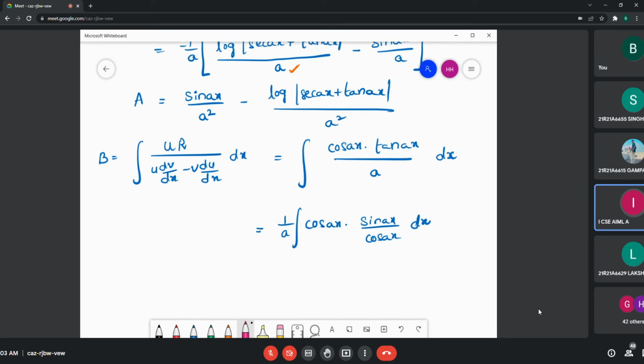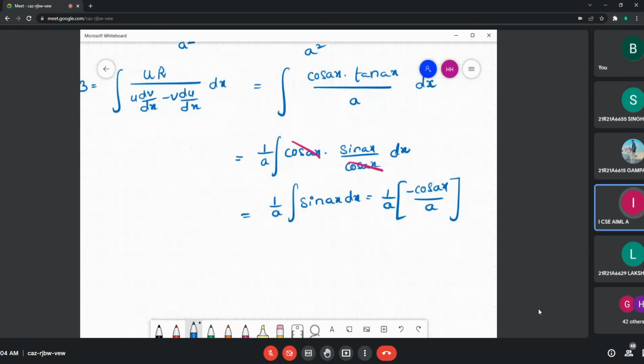So here cancel the cos ax and cos ax. So this is equal to 1 by a integral sin ax dx. So this is equal to 1 by a into integration of sin ax, which is minus cos ax by a. Then again this value is minus cos ax by a square, the value of B.